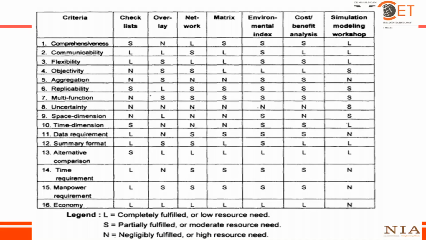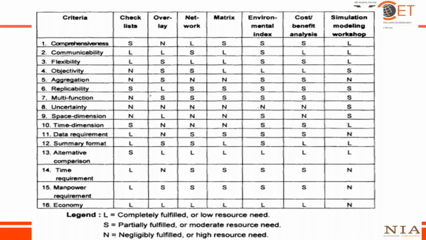When you come to the overlay method, you see the number of N's here again 5, but the number of L's are only 4, right? When you go to the network method, you will see again about 4 N's, and about 4 L's. Matrix method, the number of N's is 4, the number of L's is about 6, right?